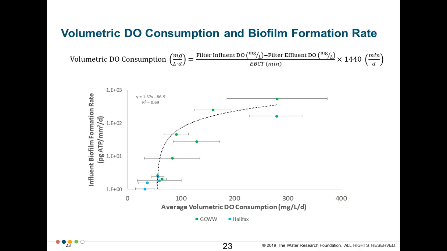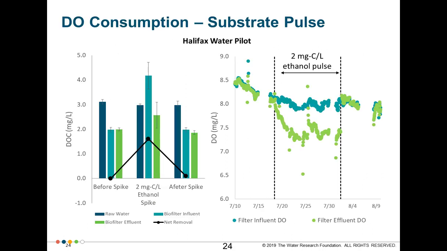So we want to compare that to a rate in terms of the kinetics of DO consumption across the filter. So you divide the DO consumption by the empty bed contact time, and that gives you the volumetric DO consumption. And here we saw definitely a positive correlation between influent biofilm formation rate and volumetric DO consumption at these 2 facilities that did not have pre-ozone. So again, another line of evidence that we're getting consistent information in terms of biological activity.